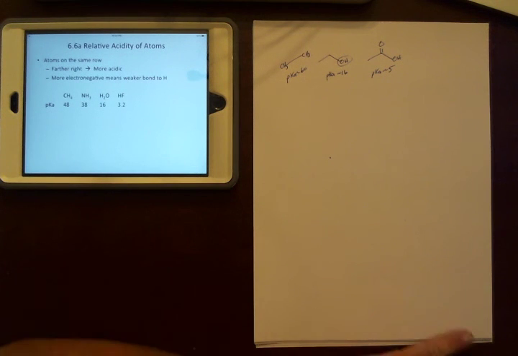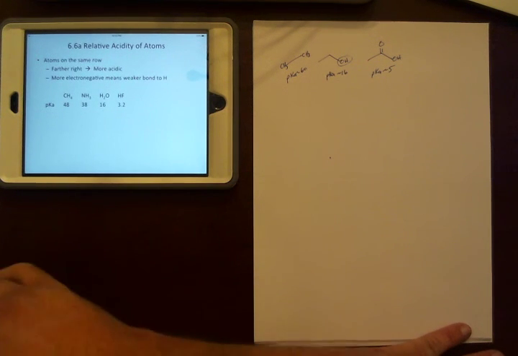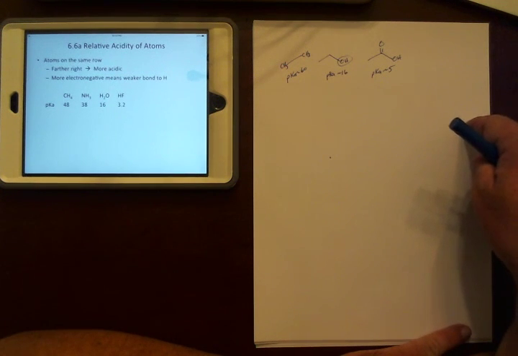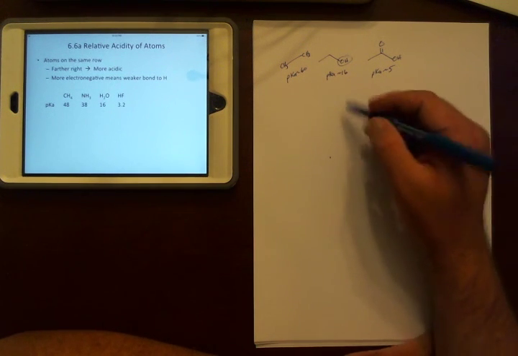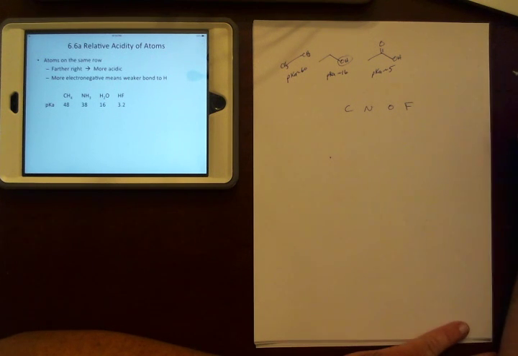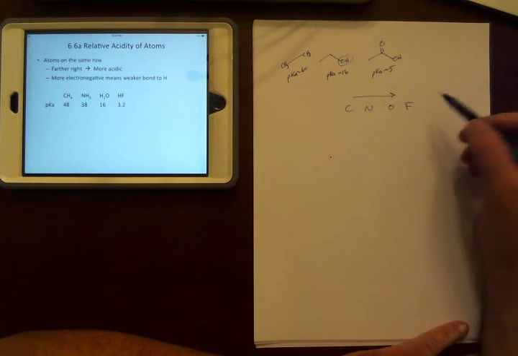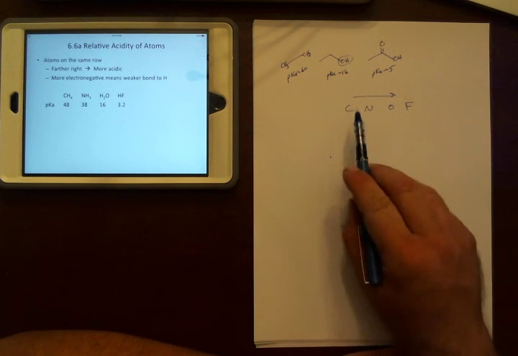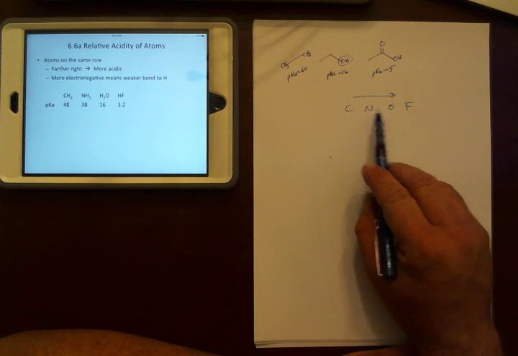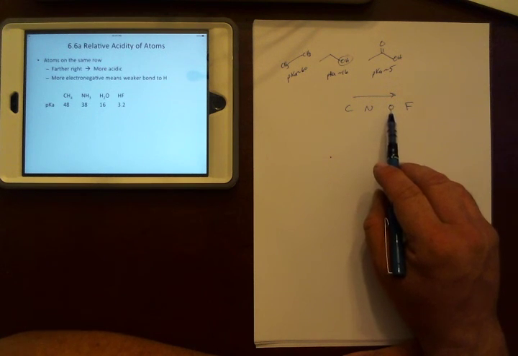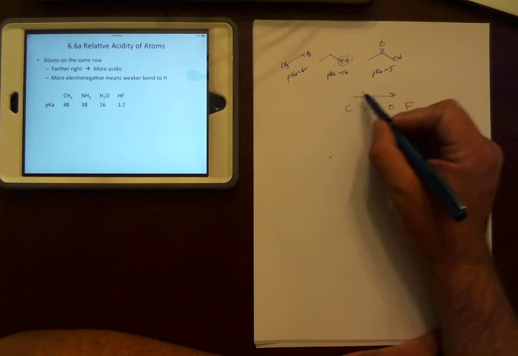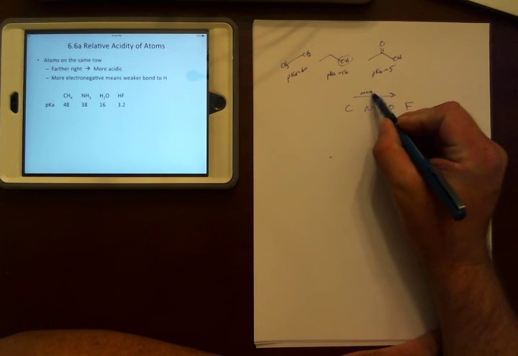Now, as far as reactivity goes, if you look at the periodic table, as you go across it goes carbon, nitrogen, oxygen, fluorine. If you have the hydrogen on a carbon as opposed to a nitrogen-hydrogen bond, an oxygen-hydrogen bond, or a fluorine-hydrogen bond, you're going to get more acidic.